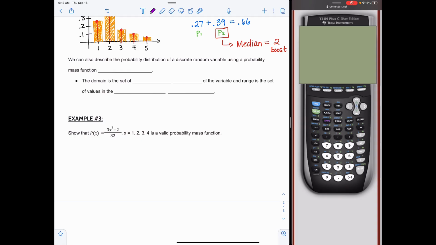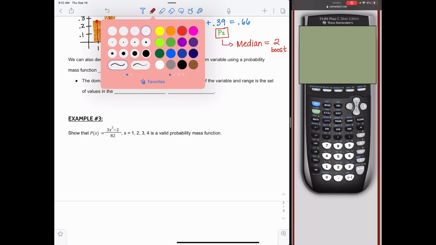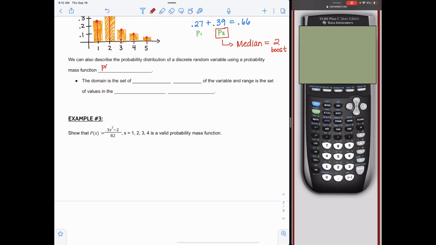All right. So we can also describe the probability distribution of a discrete random variable by using a probability mass function. What that says is that the probability of something happening is equal to the probability that the random variable is equal to a particular value. We need to make sure we understand that the domain is going to be the set of possible values of the variable, and the range is going to be the set of values in the probability distribution.